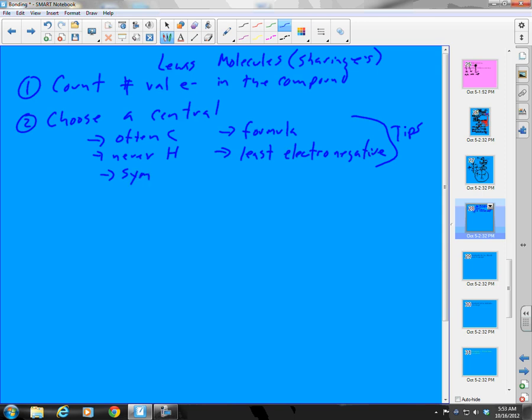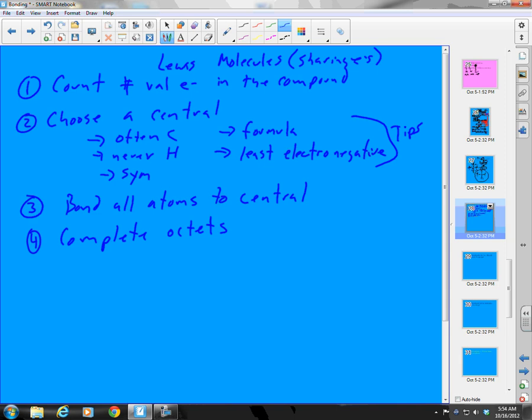Good. Then we said after that, we've got our electrons, we've chosen our central atom, we bond all atoms to the central atom, and then we complete octets. And we're going to leave some space here because we're going to have to write some exceptions.